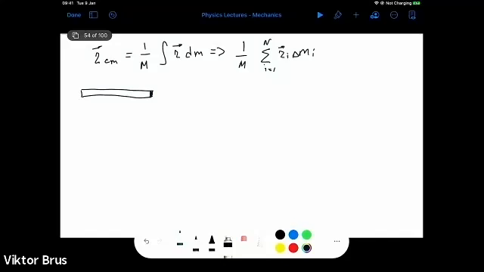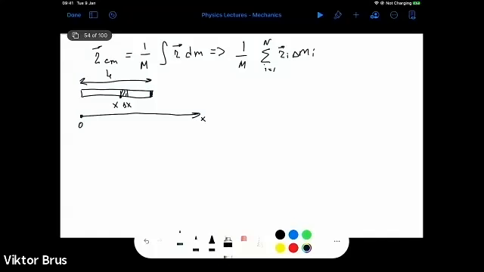So here will be our axis x, this is 0. Then at position x, we can consider one very small interval of this piece of the rod, which is delta x. And the total length of this rod is L.